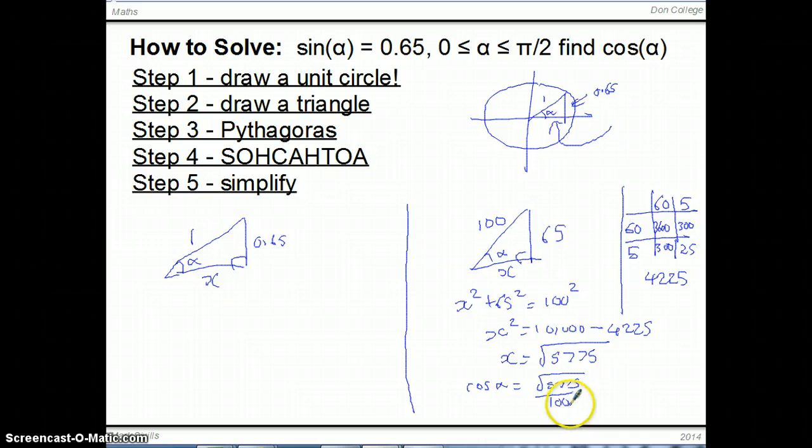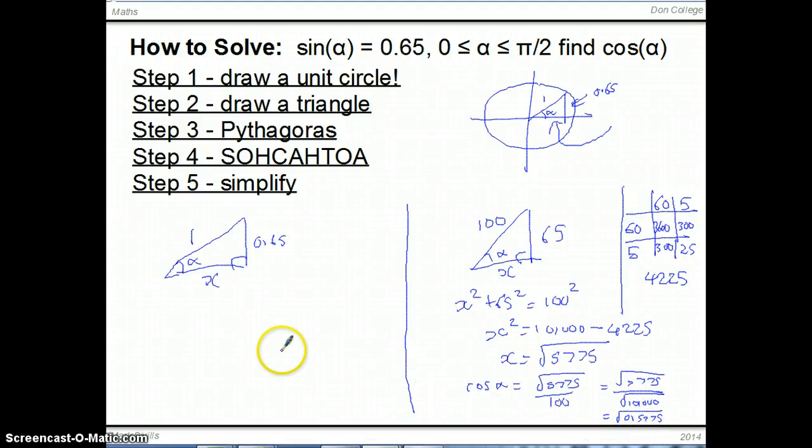Now 100 would be the square root of 10,000, so we could actually get it down to a decimal answer, which basically means it's going to be the square root of 0.5775, and we could leave it at that. We probably could simplify this surd. Looking at it there, we'd get 25 would go into 5775, which means we could simplify the surd a bit, but I think I'll leave it at that for now.